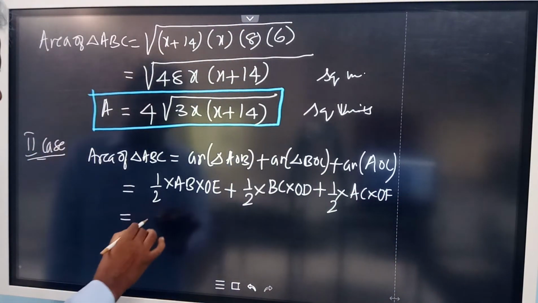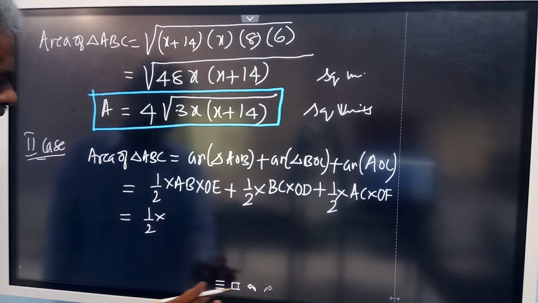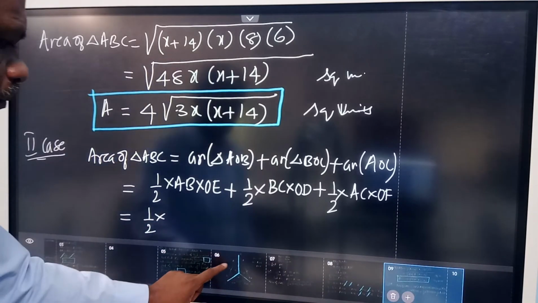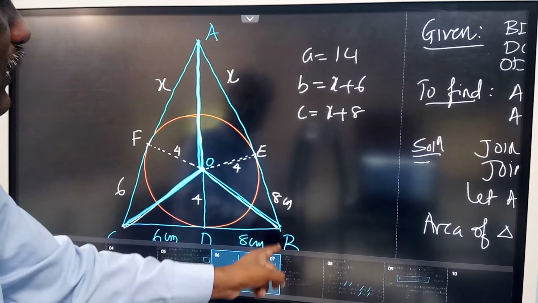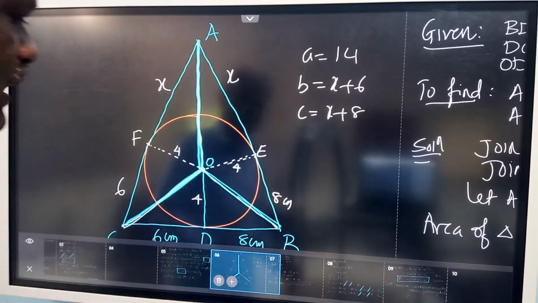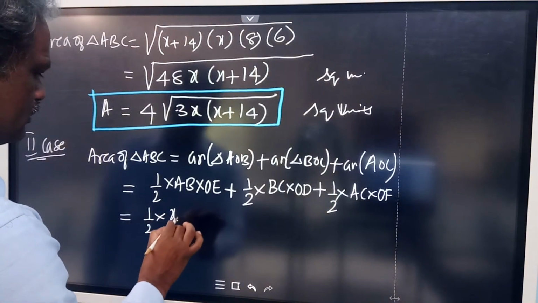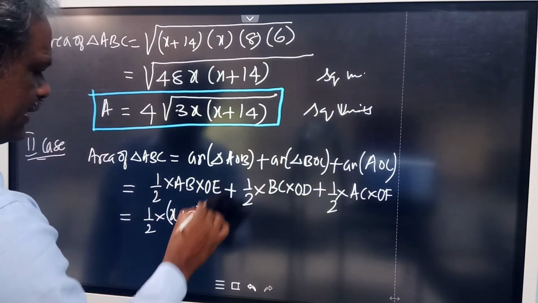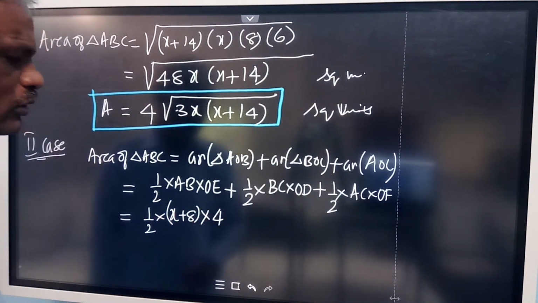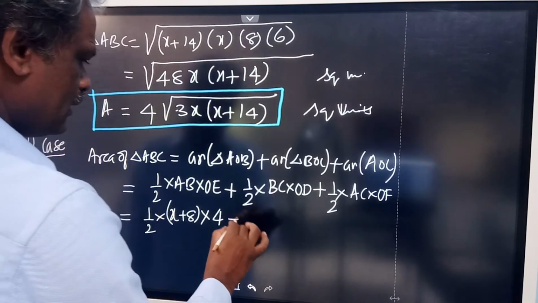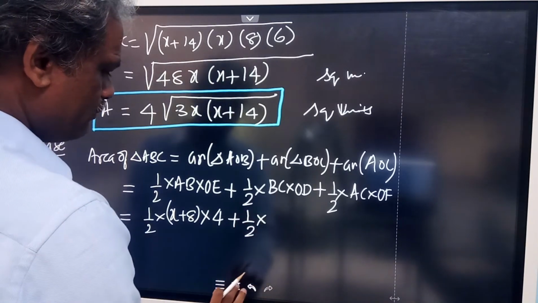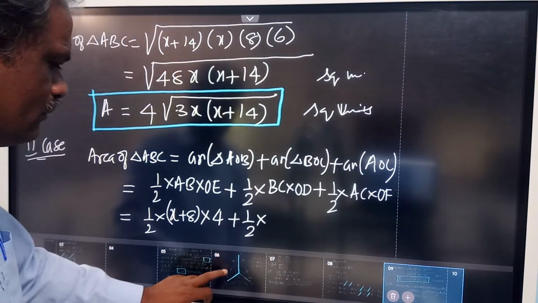Substitute the values now. Half into AB. We know the diagram. AB value is equal to x plus 8. So x plus 8. OE is the radius. You can write 4 centimeter radius it is. Plus half into BC. Look at the diagram.